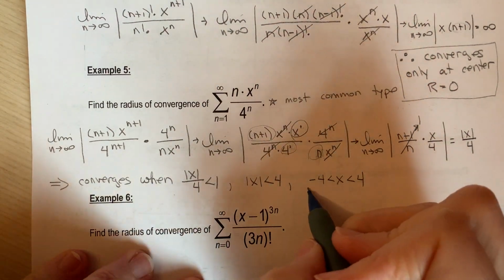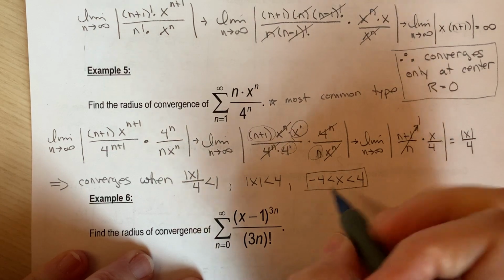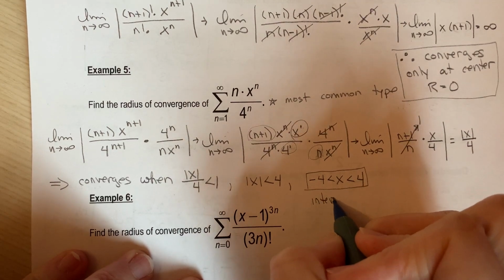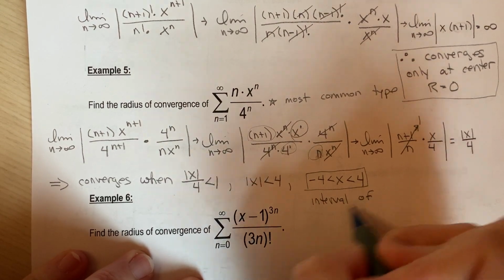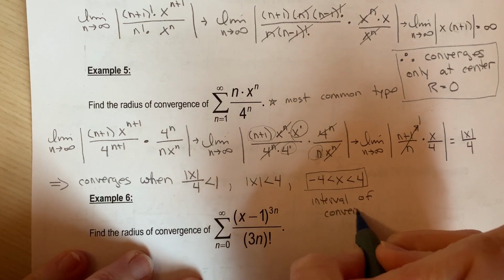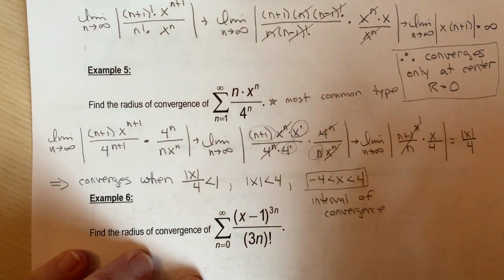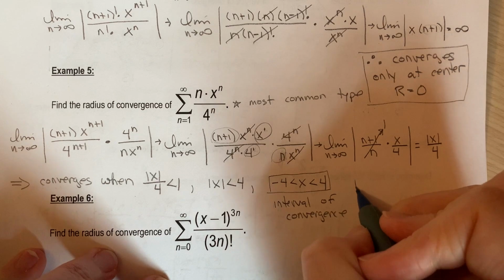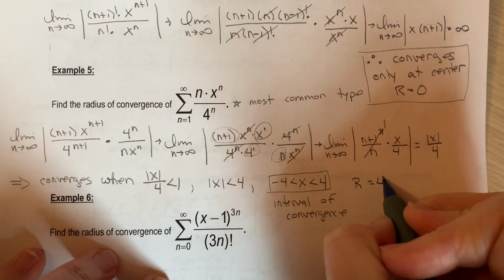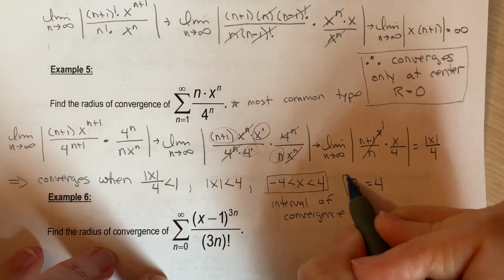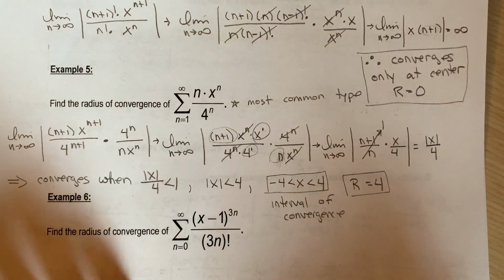So this is my interval of convergence. And my radius of convergence is 4. So that is your radius of convergence.